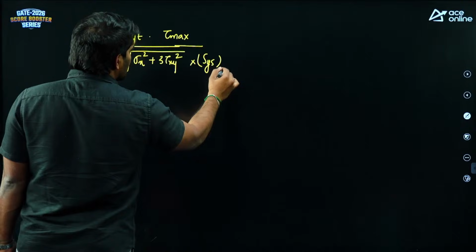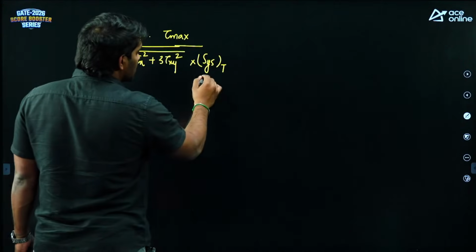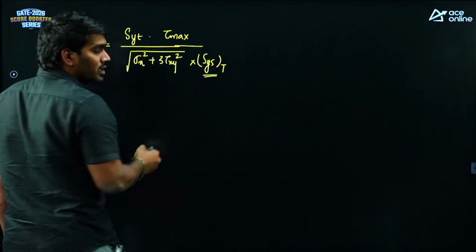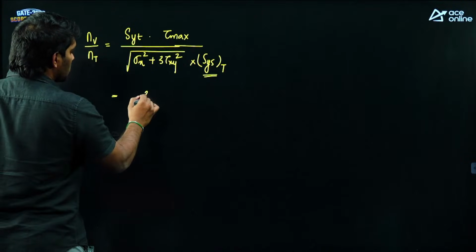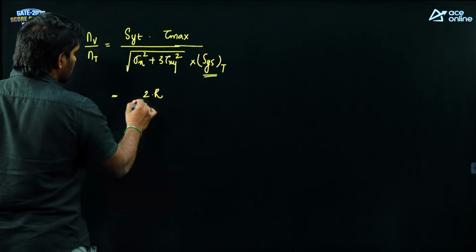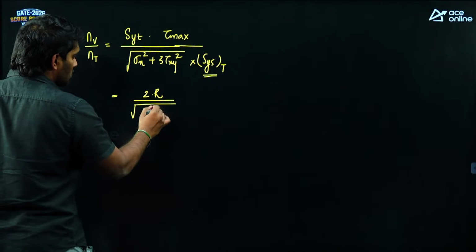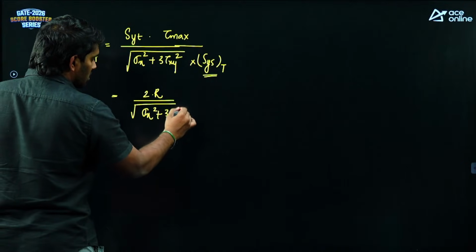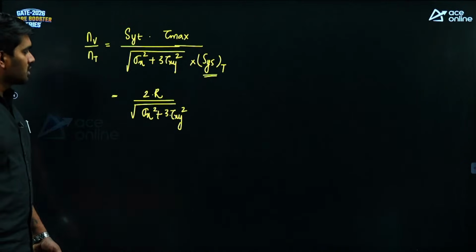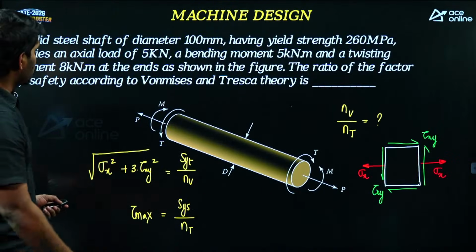SYS according to Tresca is equal to SYT by 2. So this can be written as 2 times the radius divided by under root of sigma x square plus 3 times tau xy square. Now we need to find sigma x and tau xy for the given loading condition. How to identify them?